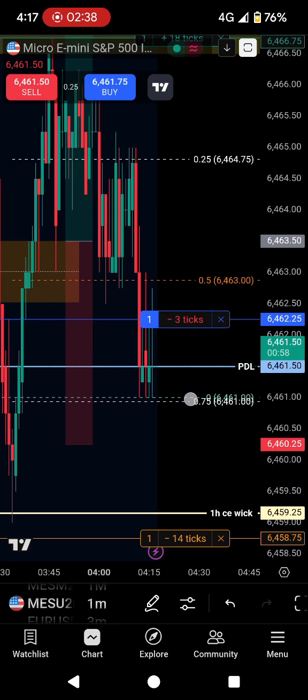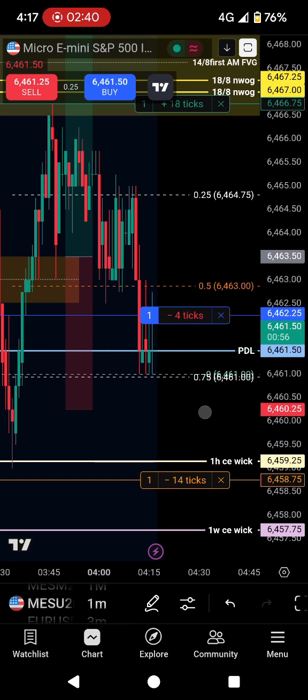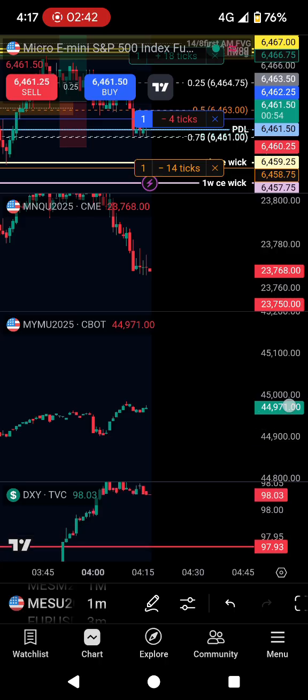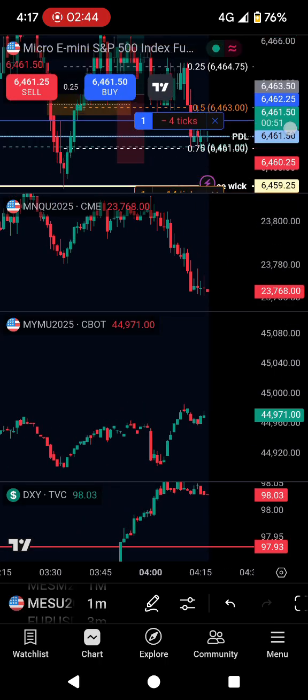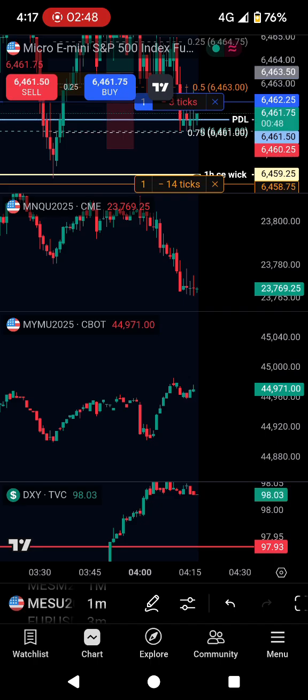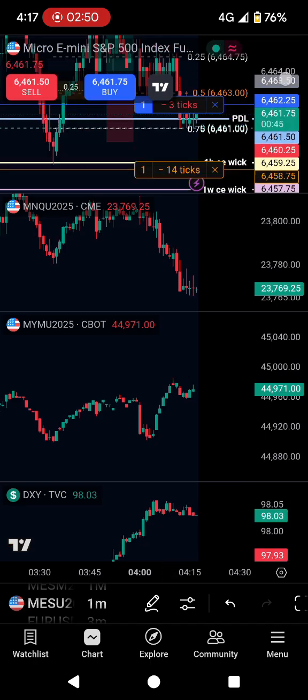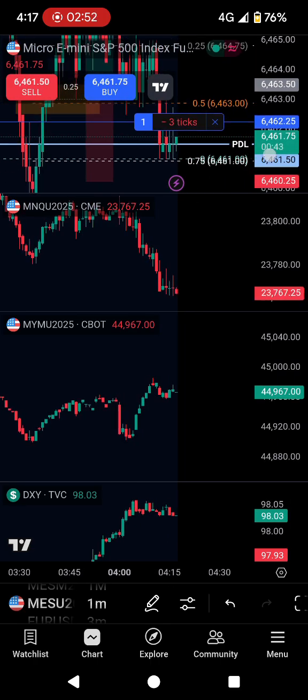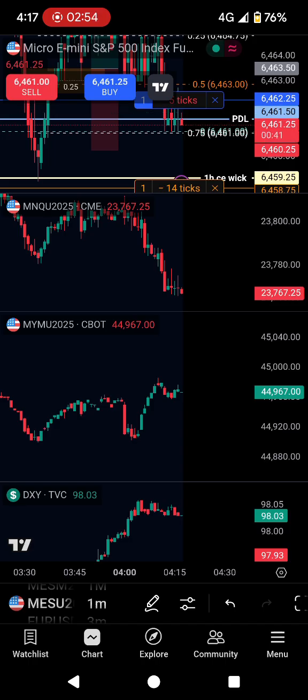So this is the 4-hour BC low. Anyway, the trade is not looking that good, to be honest. Feeling really uncomfortable seeing how price is reacting.